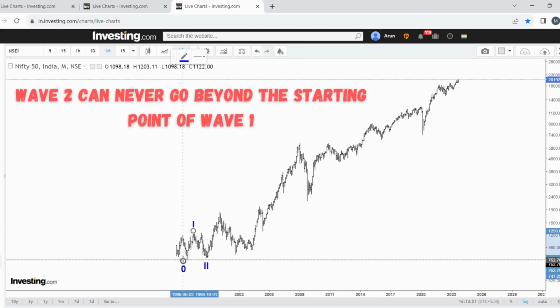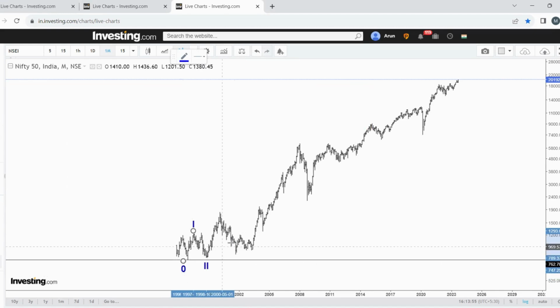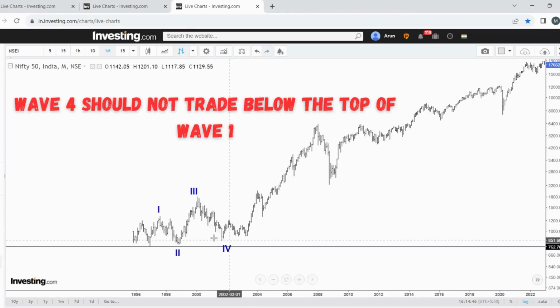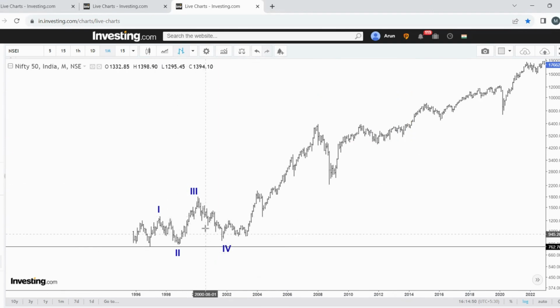Wave 2 has not crossed below the starting point of wave 1, so it's fine. And wave 3, wave 4. Now, the rule with regard to wave 4 is that the low of wave 4 should not trade below the top of wave 1. In this case, this wave came below this point, so definitely this is not wave 4.